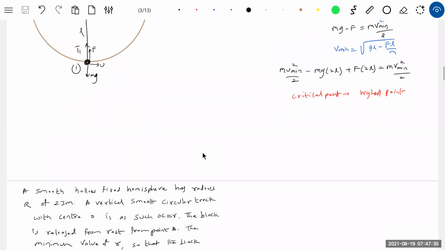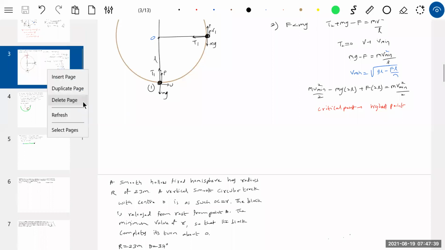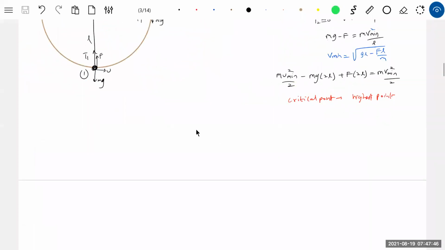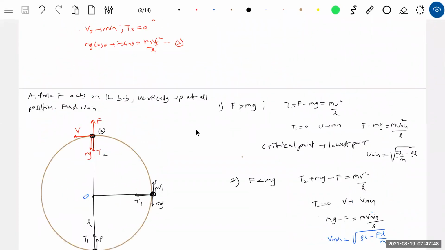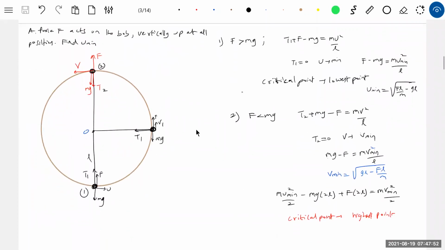Now instead of this, there are some more cases. Sir, in the previous case, if F equal to mg, will it complete the vertical circle? Previous case means what? The previous problem, there are 1 and 2. Which is the previous case? You tell me.